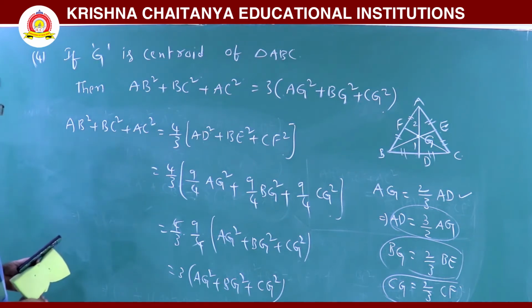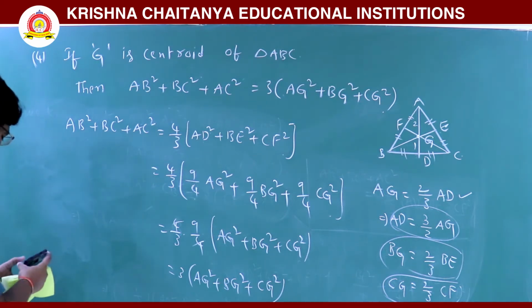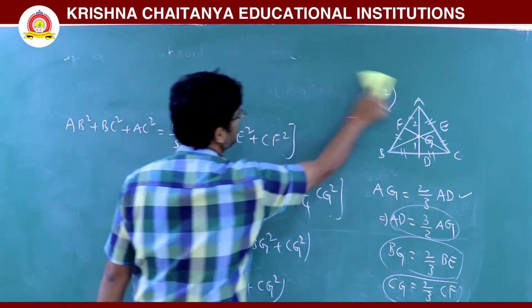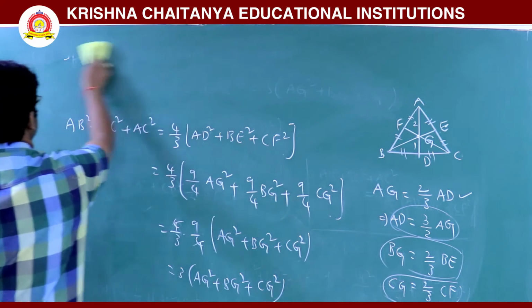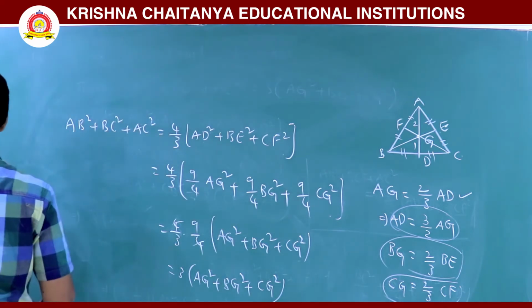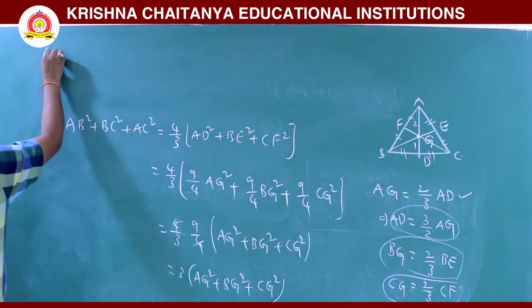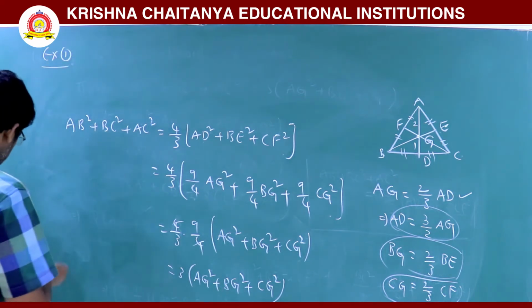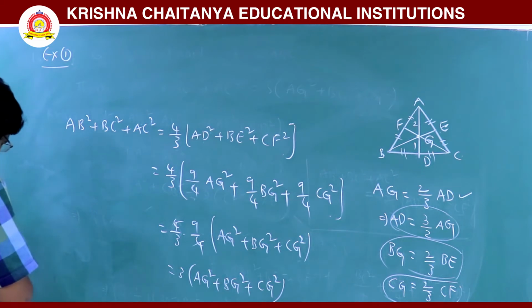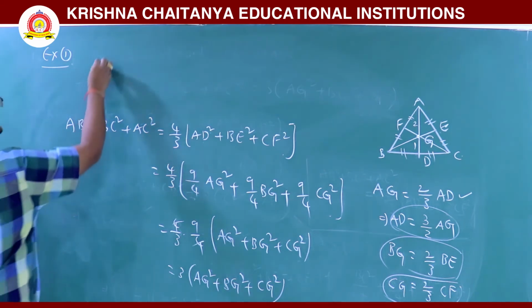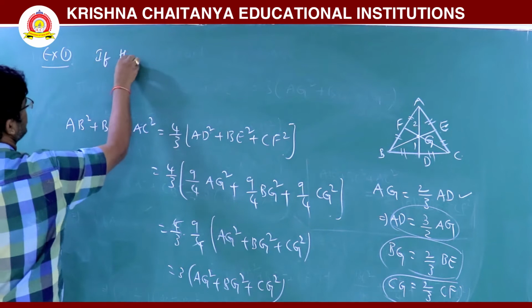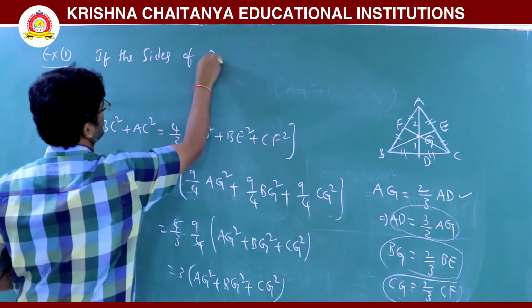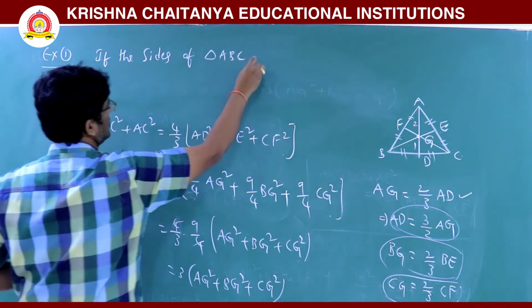Suppose the question is like this. See here, example 1. Let me solve some riders.